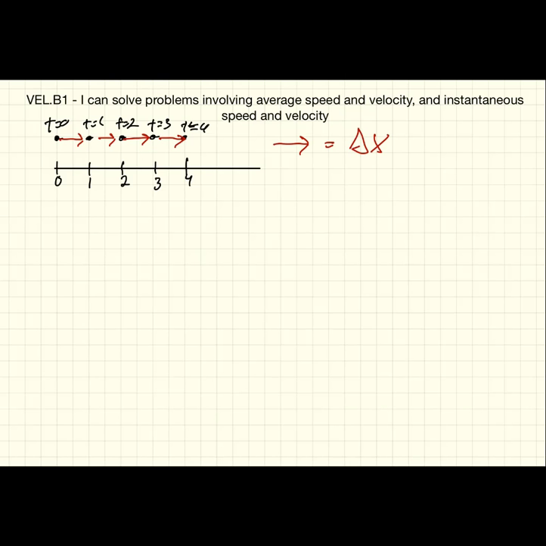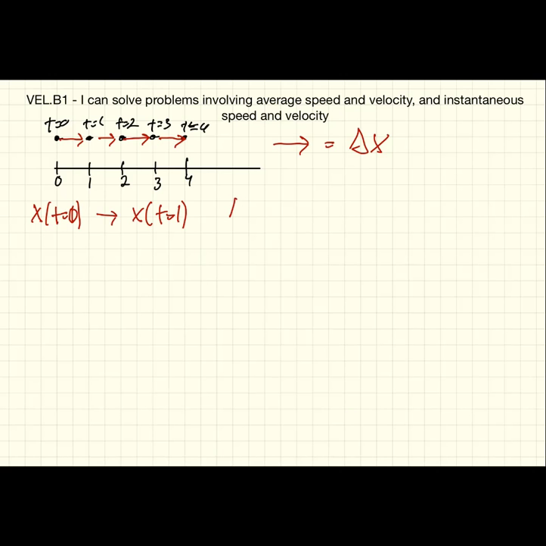And so let's calculate what one of those would look like. So let's see, let's do x when t equals 1. And actually, we'll start at t equals 0, and then we'll go to t equals 1.